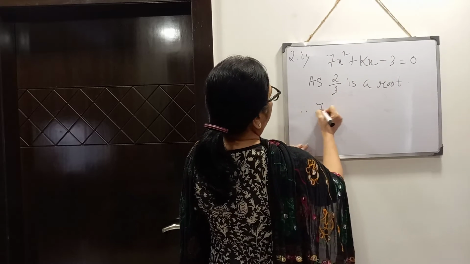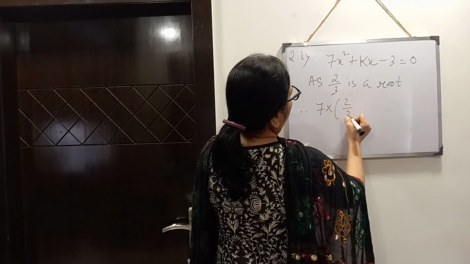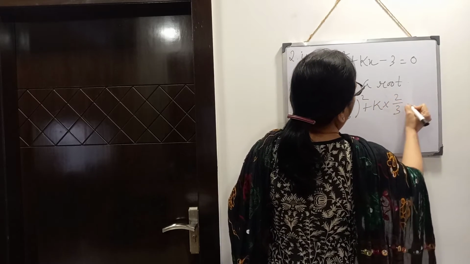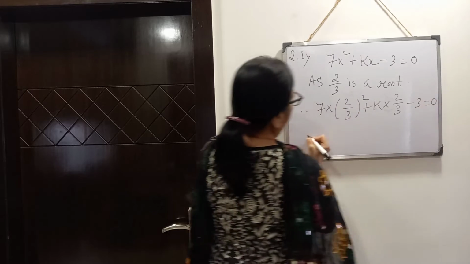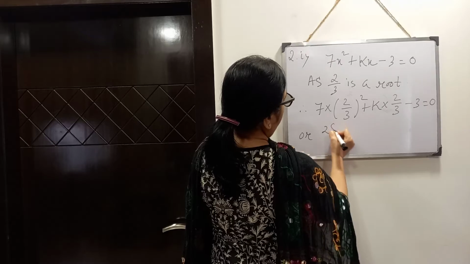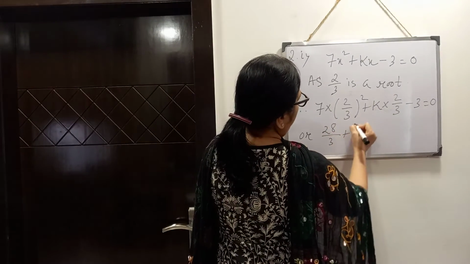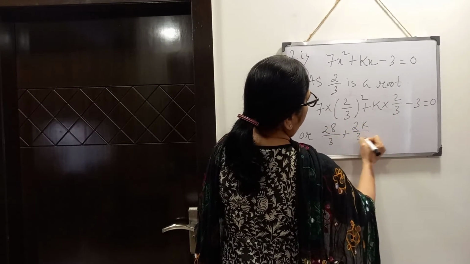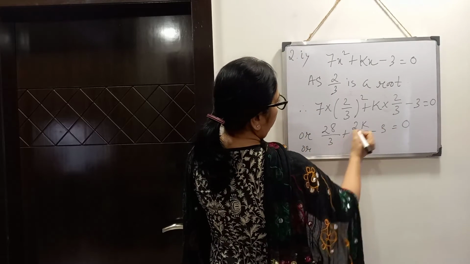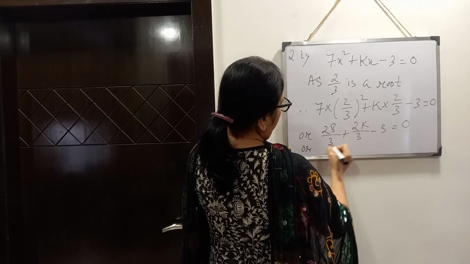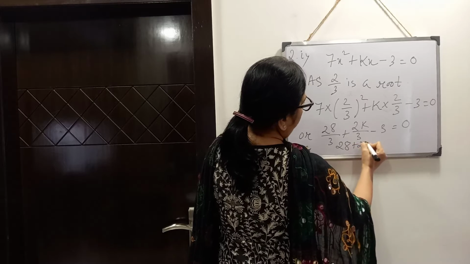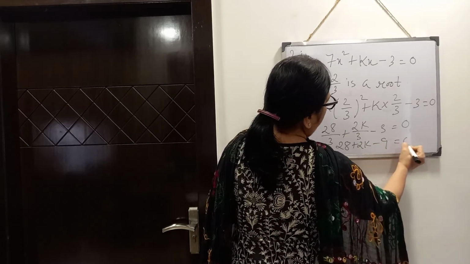So we put here 7 into 2 by 3 whole square plus k into 2 by 3 minus 3 equal to 0. Then it is coming 2k by 3 minus 3 equal to 0. We have to calculate the value of k. So throughout take the LCM. So 28 plus 2k minus 9 equal to 0.